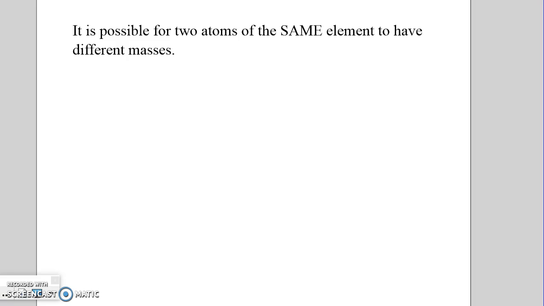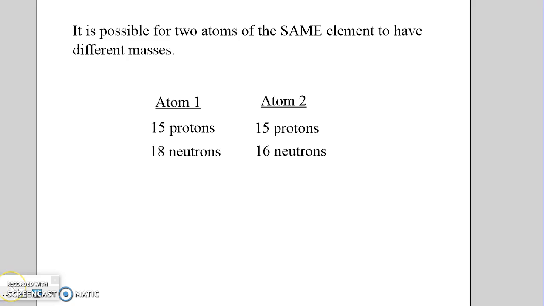So now, the last thing to know about neutrons is it is possible for 2 atoms of the same element to have different masses. So let's take an example. Here's atom number 1 has 15 protons and 18 neutrons. And atom number 2 has 15 protons and 16 neutrons. Well, if we look on the periodic table, we can determine which atom this is. So we get out our periodic table.